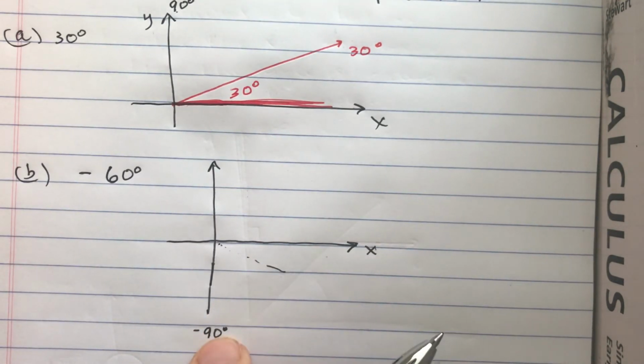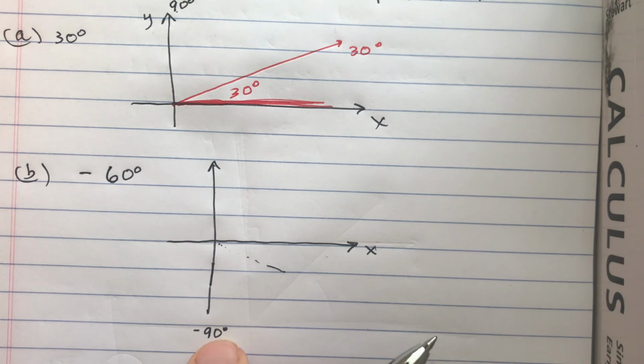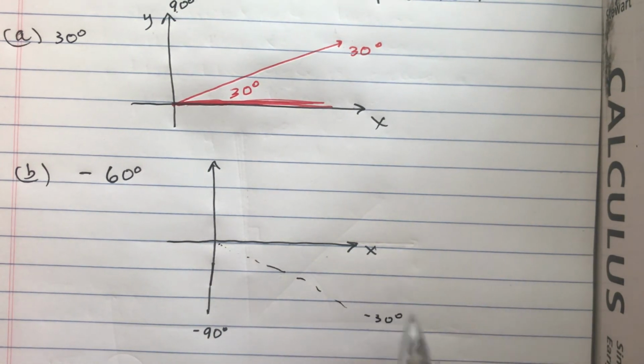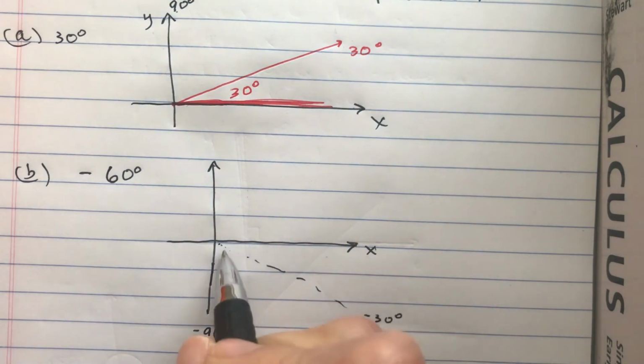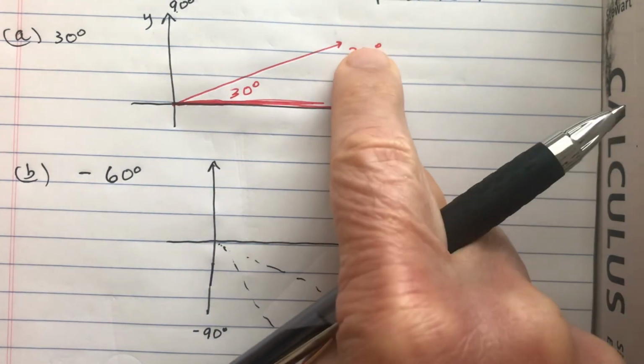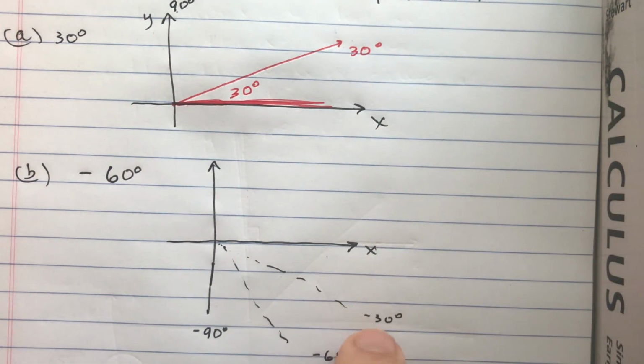So this could be thought of as negative 90 degrees. And then a third of negative 90 is negative 30, and if I double that, I get negative 60. So here's 30 up here, but if I go clockwise, I get negative 30, and then double that, negative 60, and this leads up to negative 90. So this is the angle here.